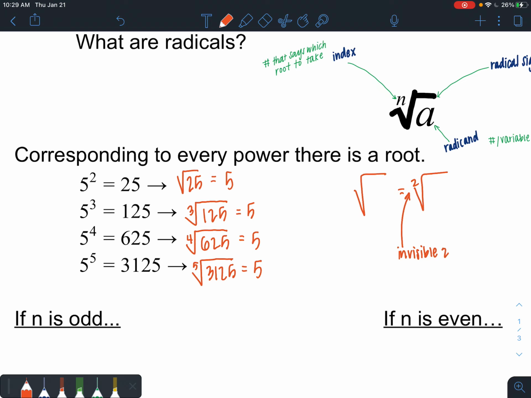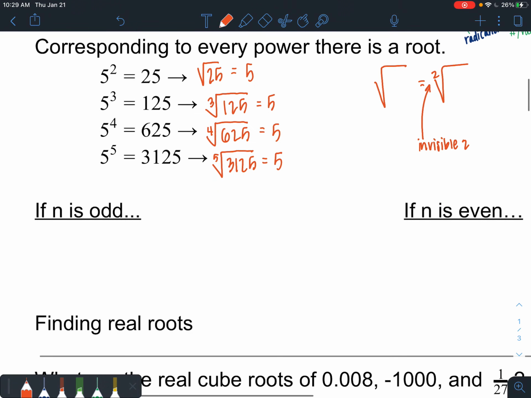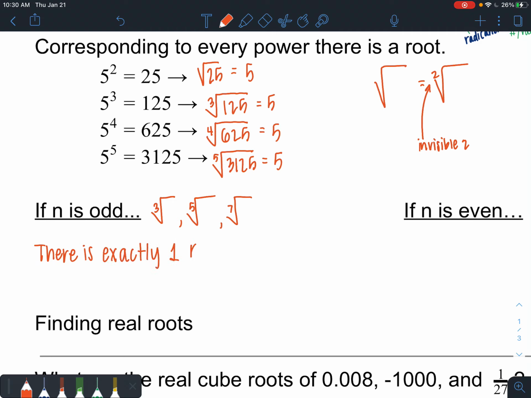Which is usually what we are dealing with, and now we're gonna take it up a few notches. Okay, so if n is odd, so that's like your cube root, your fifth root, your seventh root, then there is exactly one root or solution.